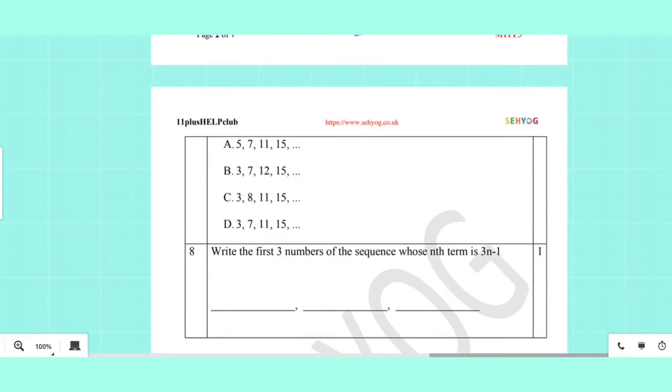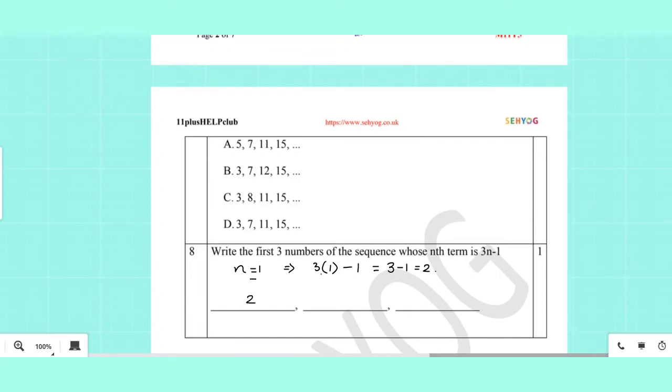In question number 8, write the first 3 numbers of the sequence whose nth term is 3n minus 1. So, we will first take n equal to 1 and find out 3 times n, that is 3 times 1 minus 1, that is 3 minus 1, 2. So, the first term of the sequence is 2.